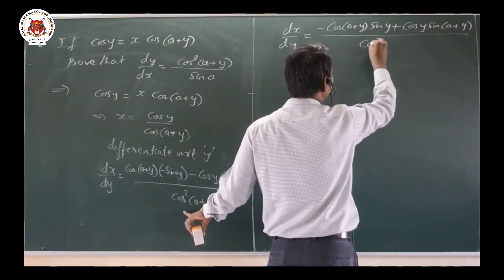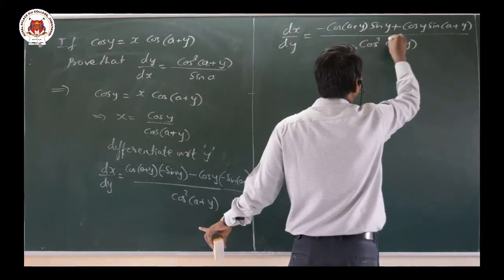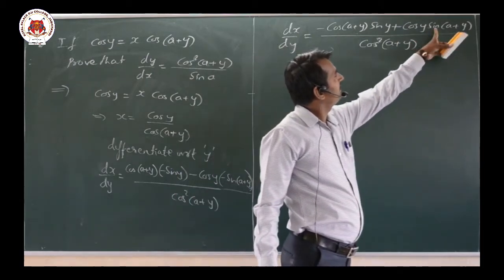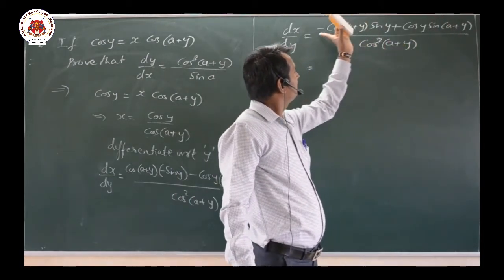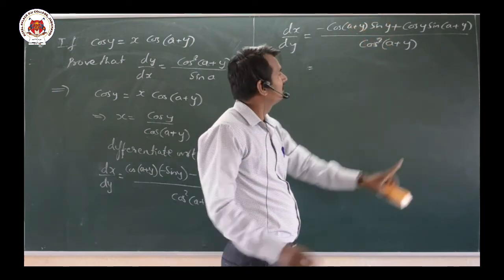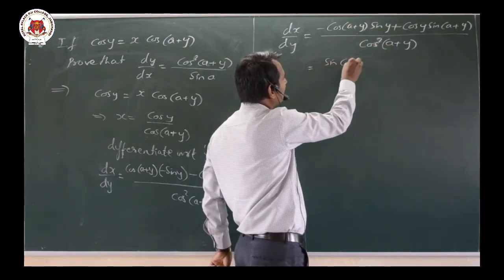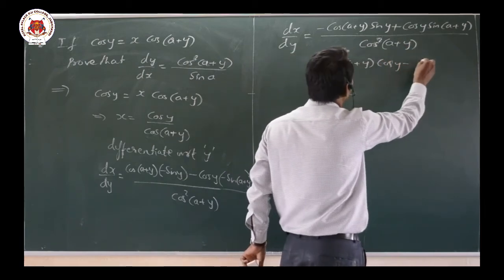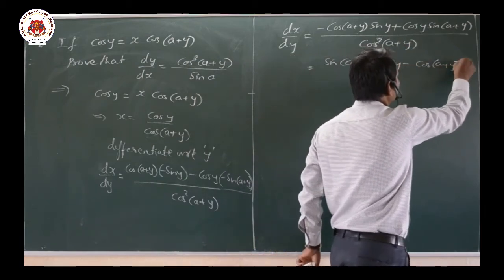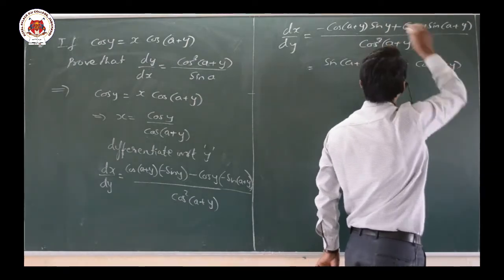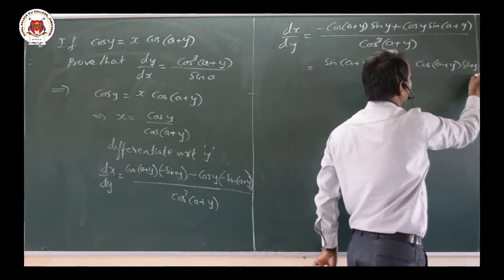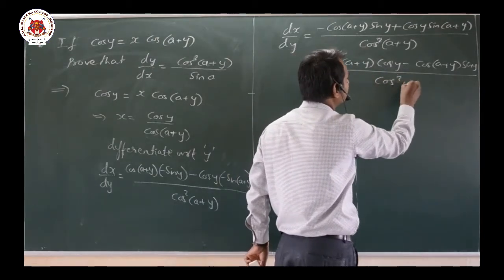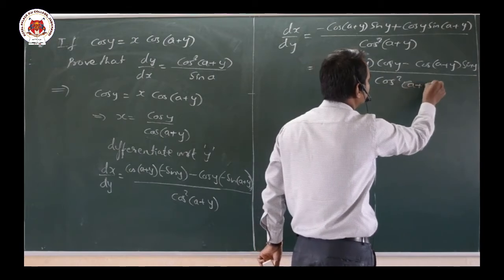Now here we can observe that sin a cos b minus cos a sin b. Okay, I will rewrite, that is sin of a plus y into cos y, this term I will write first, minus cos of a plus y into sin y, whole divided by cos square of a plus y here.